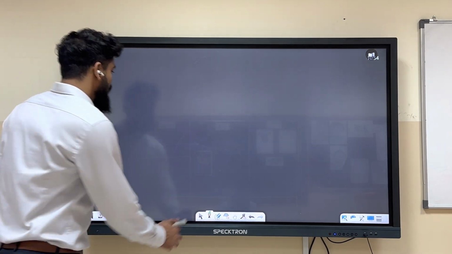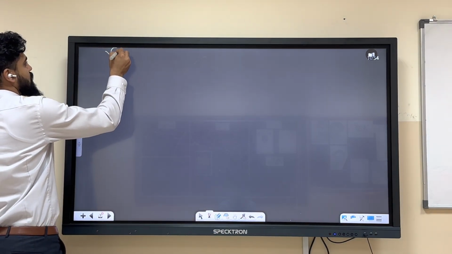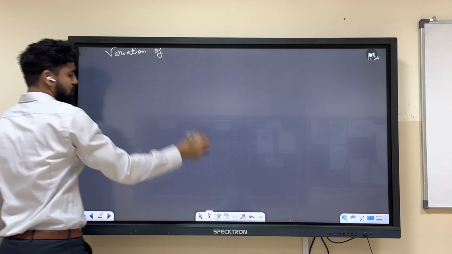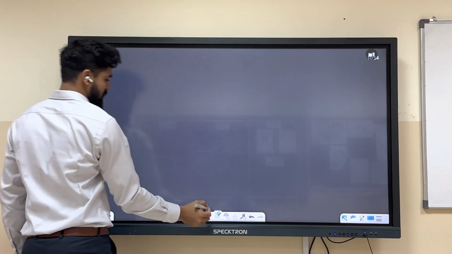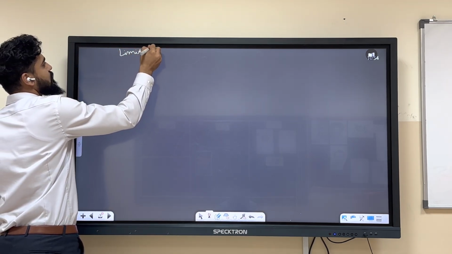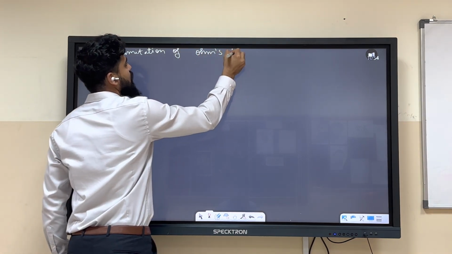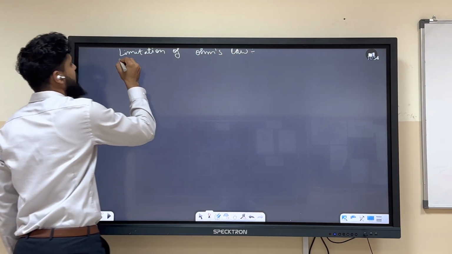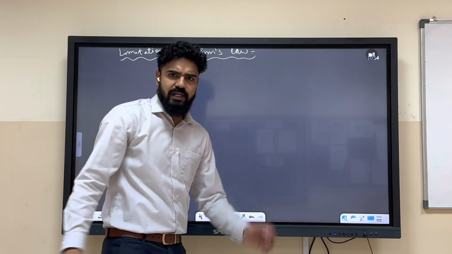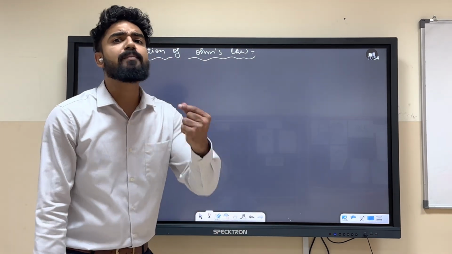Now, limitation of Ohm's law. There are three limitations that are given in NCERT, so I'm going one by one.